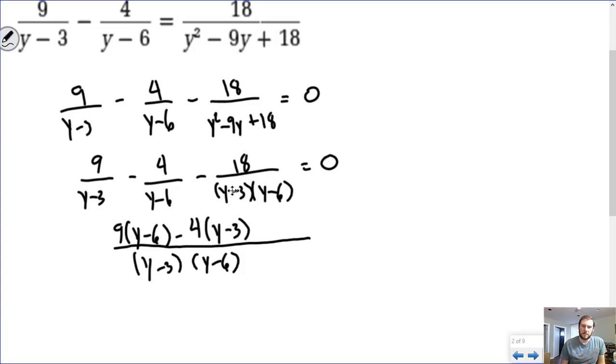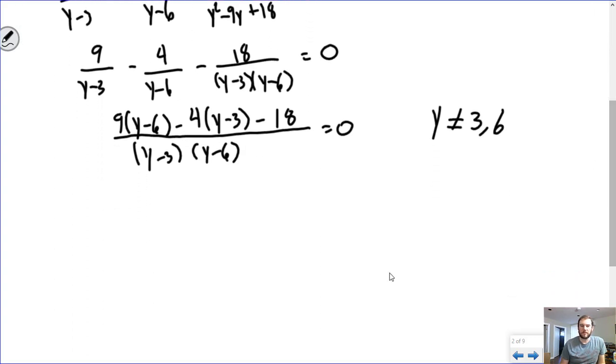And this one already has both, so it's just going to stay 18. So again, at this point, what we probably want to state is that our non-permissible values: y cannot be 3 because of the first bracket, and y cannot be 6 because of the second bracket there.